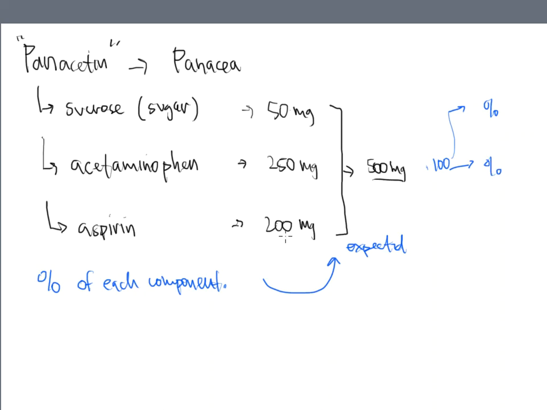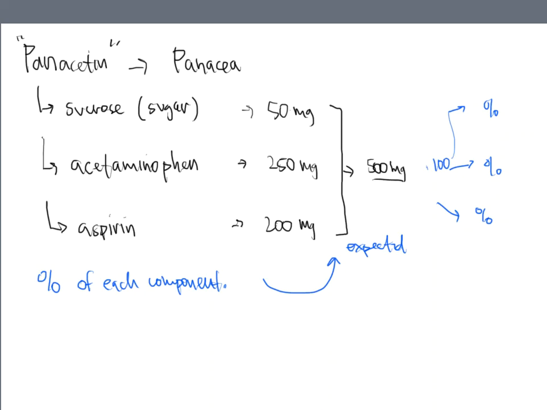And then finally, I would take the milligrams of aspirin, divide by 500, times 100, and that will give me the expected percentage of aspirin that should be present in the pill.